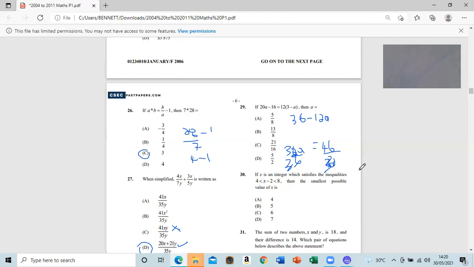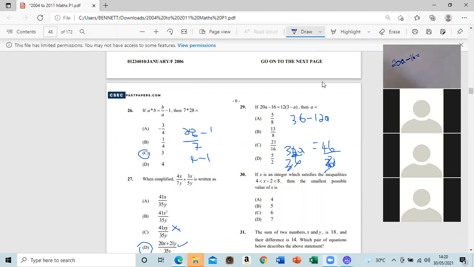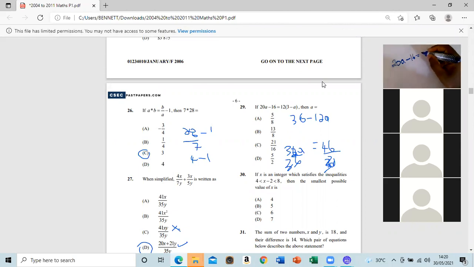All right, let me use my board and do it. I think that one is a little bit troubled. All right, so we have 20a minus 16 is equal to 12 times 3 minus a.